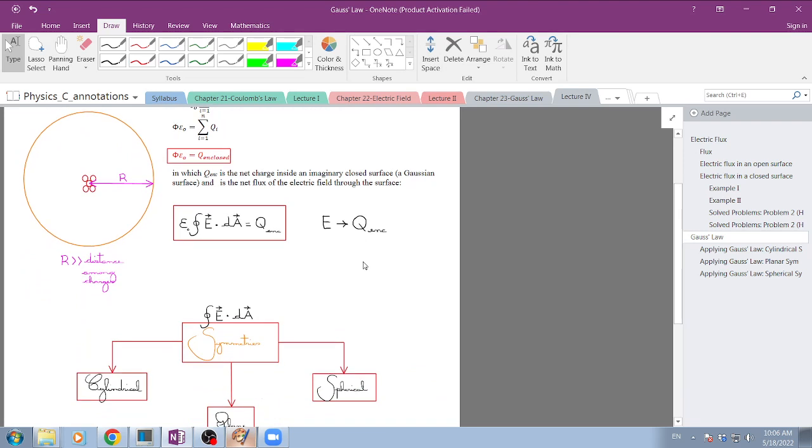But first of all, we have to calculate the flux. So the main trick, right? Since this is easy, you can choose where exactly you want to calculate the field. The main point here, guys: calculate the electric field first.